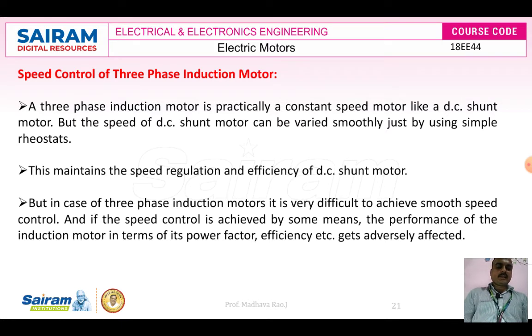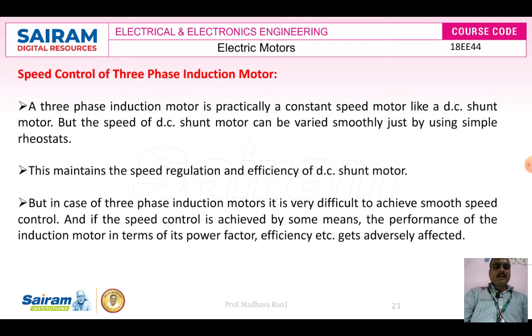In a DC shunt motor, we can control the speed by varying the field and by varying the armature voltage. Here also we have various methods of speed control of a three-phase induction motor.